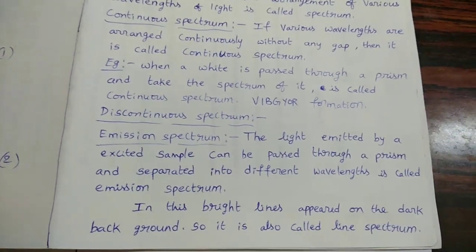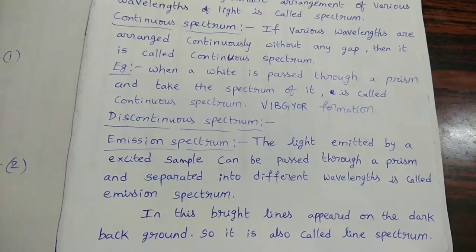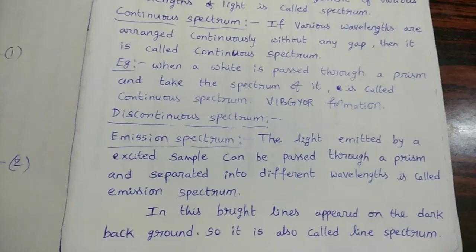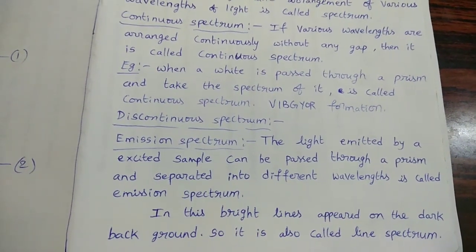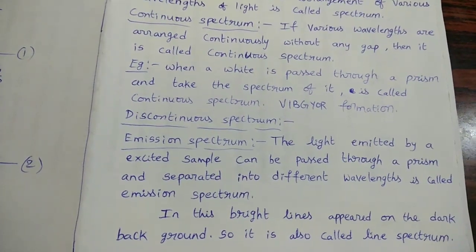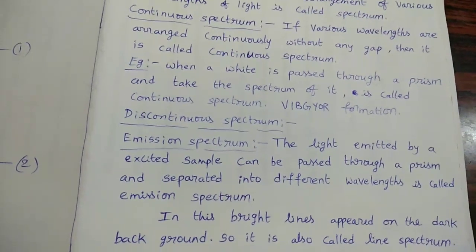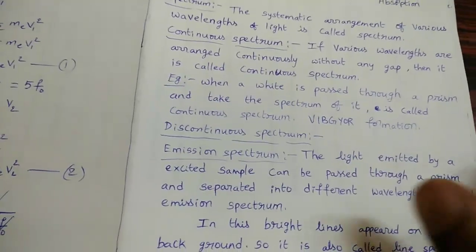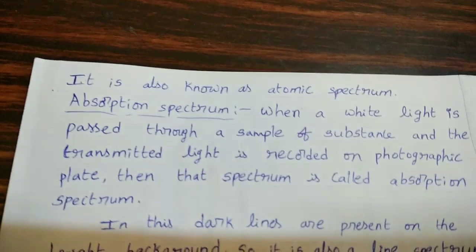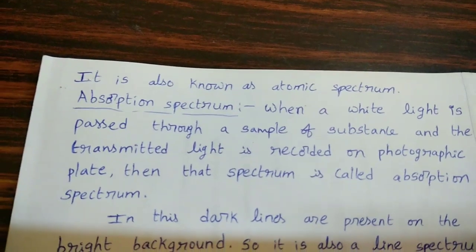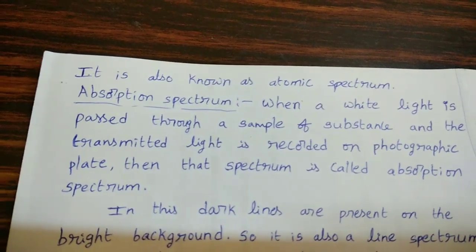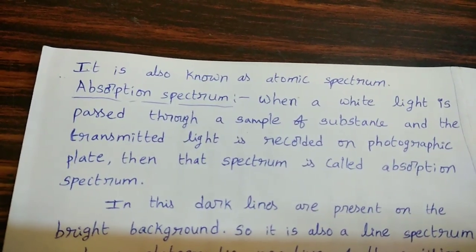Next, in this, bright lines appear on the dark background, so it is also called line spectrum. In this emission spectrum, we can observe bright lines on the dark background, so it is also called line spectrum. Next, this emission spectrum is also known as atomic spectrum, because generally atoms exhibit this type of emission spectrum.